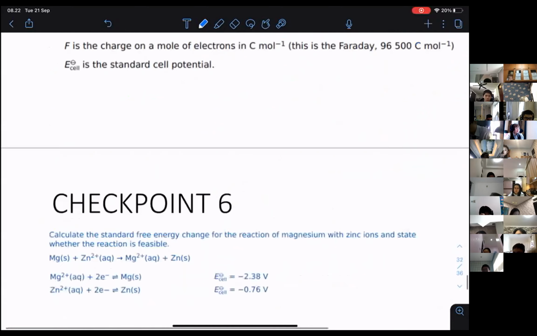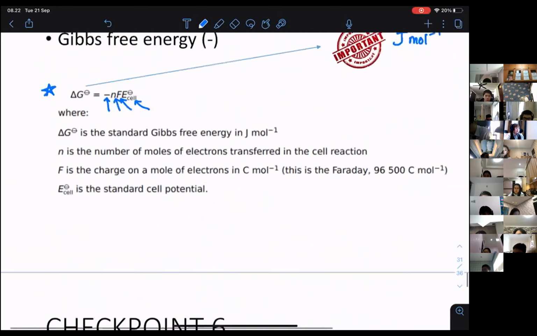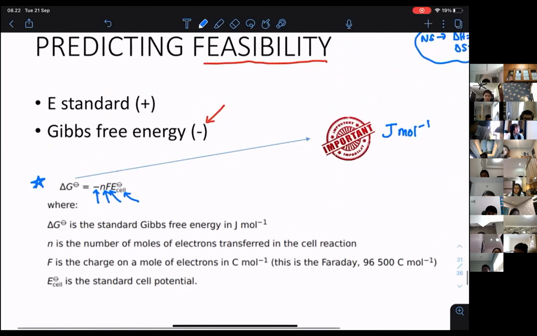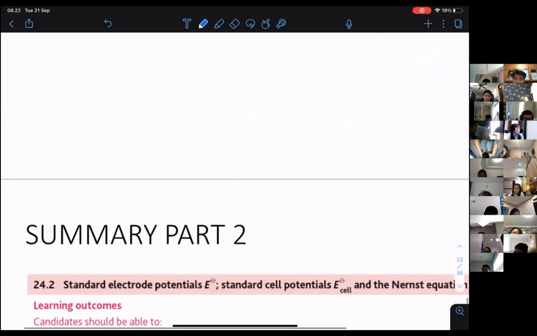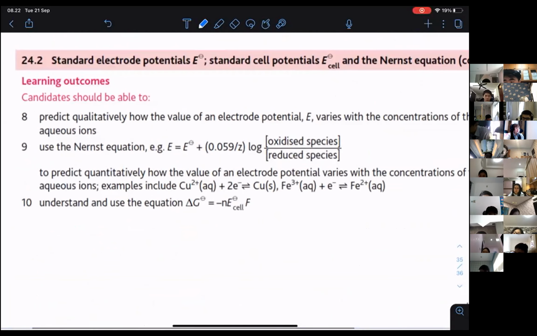So let's learn how to apply this. It is very important, because if you look at the syllabus in the past, for this electrochemistry we only learned until point 8 and 9. There is no point number 10. Point number 10 is only a new addition to your syllabus. It means for your seniors, if you look at the past papers, there won't be any questions related to this, because you are the first batch that is going to learn about this.